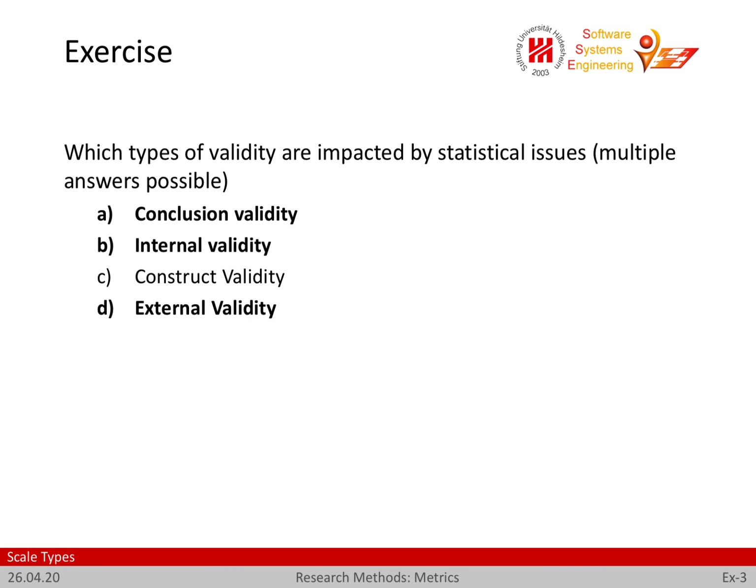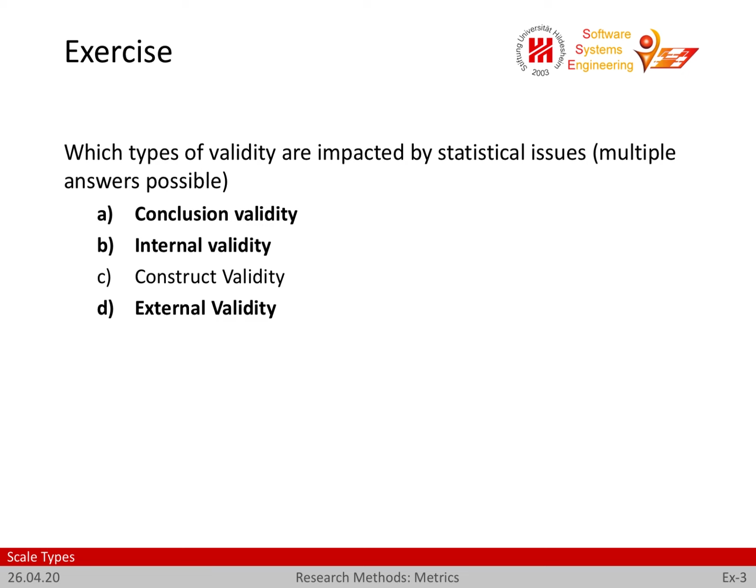Welcome back. Here's my answer. Conclusion validity is really at the heart of statistical testing. So that's obviously a correct answer. However, our causal relationships we are looking at in internal validity are only true if we assume that the statistical tests are correct.